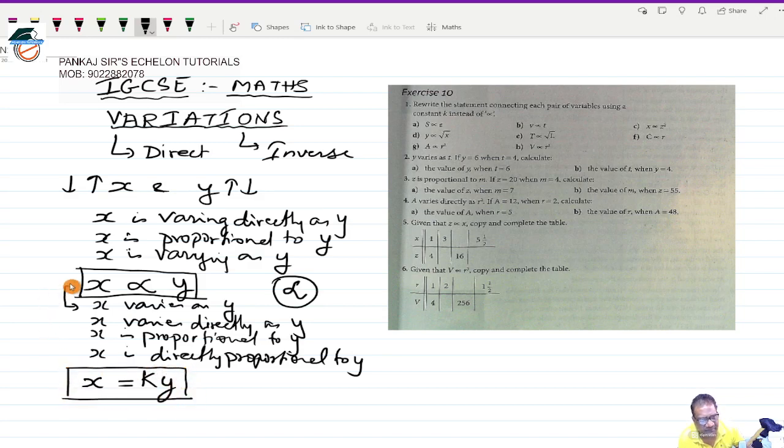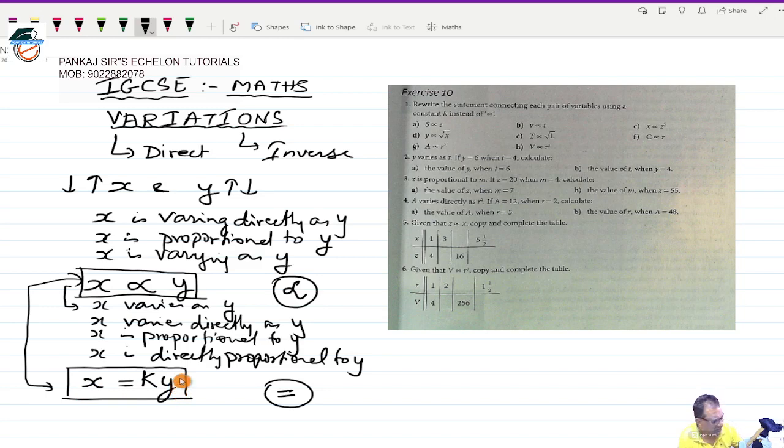Here there's an equal to sign, here there's a proportionality sign. So whenever two quantities are related with a proportionality sign, and you want to replace it by an equal to sign, all you have to do is multiply the quantity on the right hand side by k. That will make it x equal to ky.